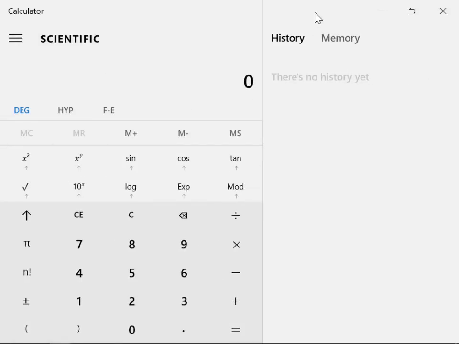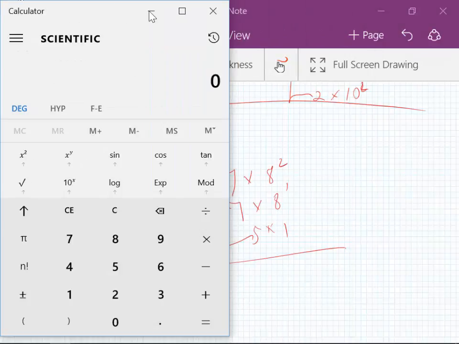So 8 squared, it's 7 times 8 squared, plus 7 times 8 equals 504. Is that right? Plus 5. So it looks like 509 is the right answer to that. So that's how you would do that.